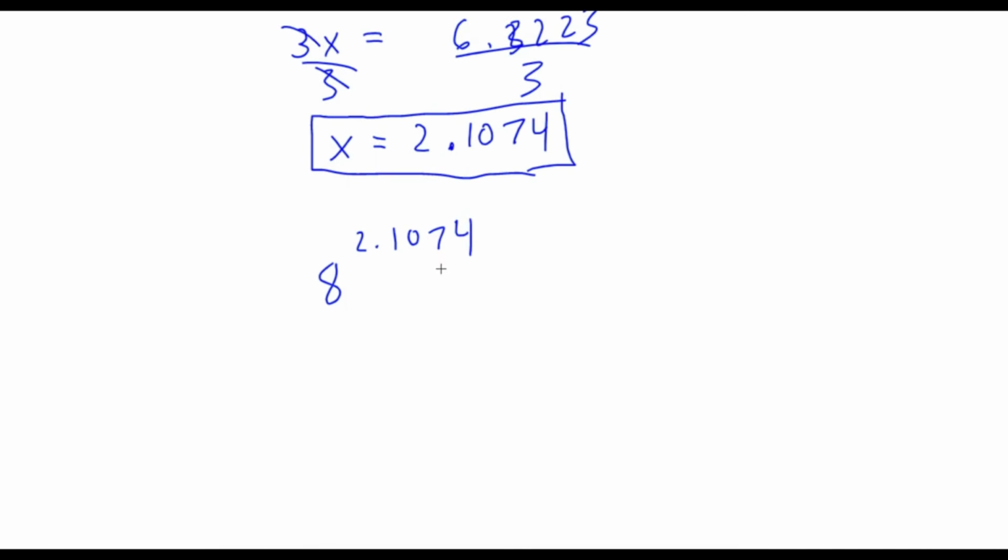So 8 to the power of 2.104, and yep, it is indeed approximately equal to 80. Because it's not the exact value of 80, but it is approximately equal to 80.